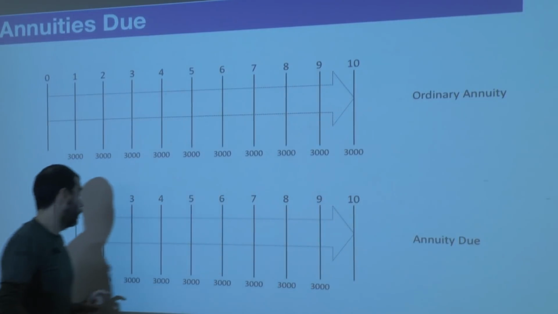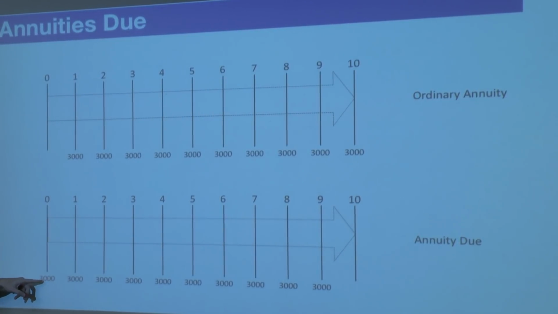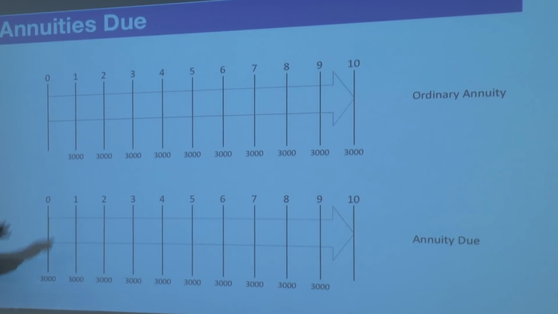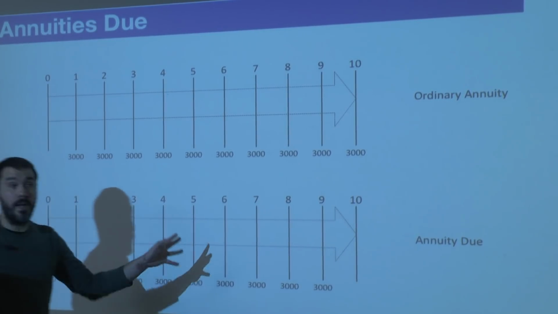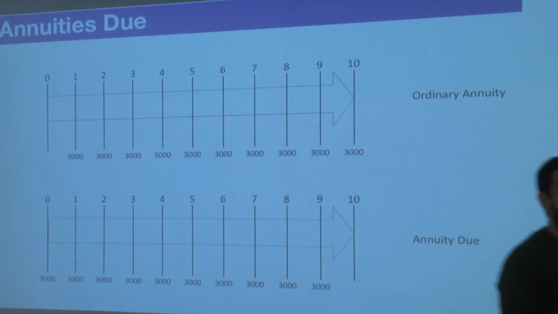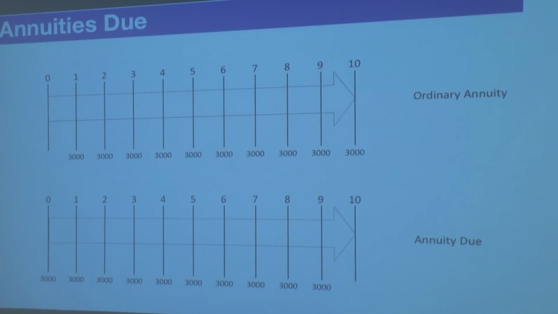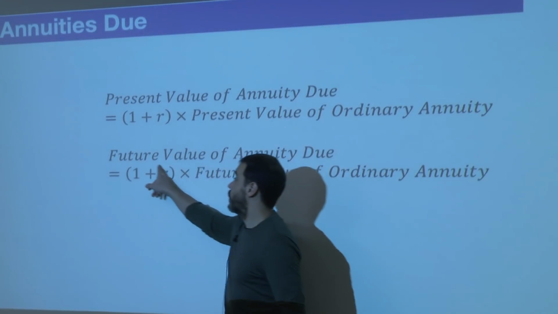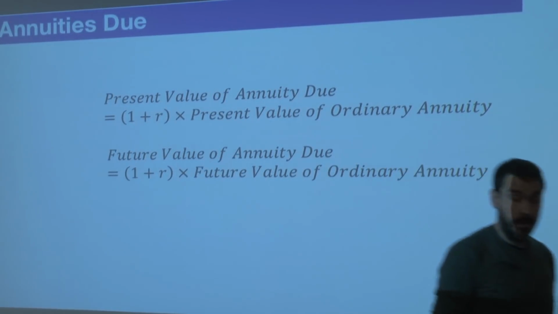If you count for the annuity due, the first payment earns interest 10 periods, not 9, and so on for each one of them. So each payment earns interest 1 extra factor of 1 plus r. So in the end, that's where this comes from. Okay?